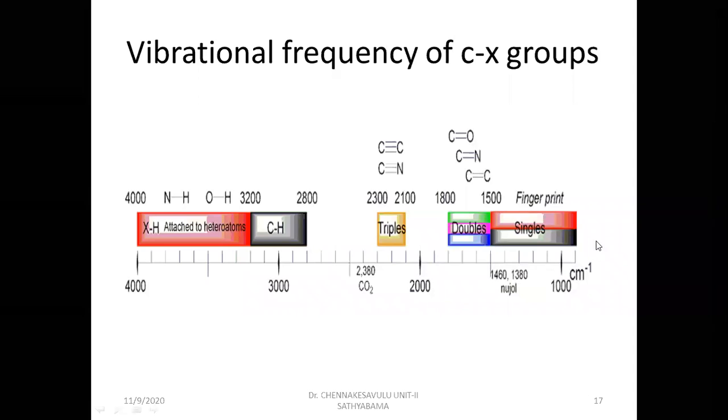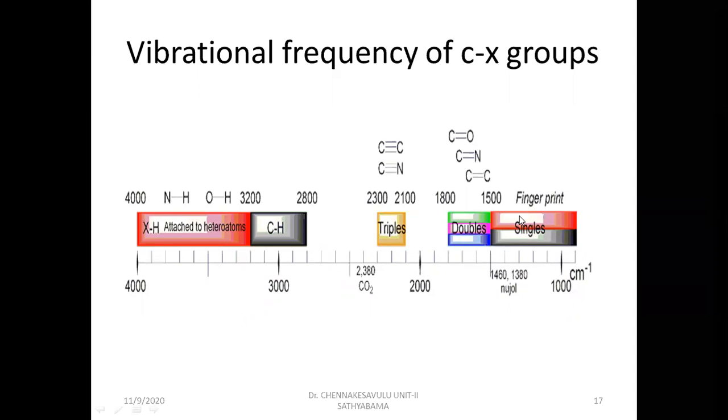centimeter inverse. This region is known as the fingerprint region, and it corresponds to bending vibration. The region from 1450 to 4000 centimeter inverse corresponds to stretching frequency, which is a change in bond length.